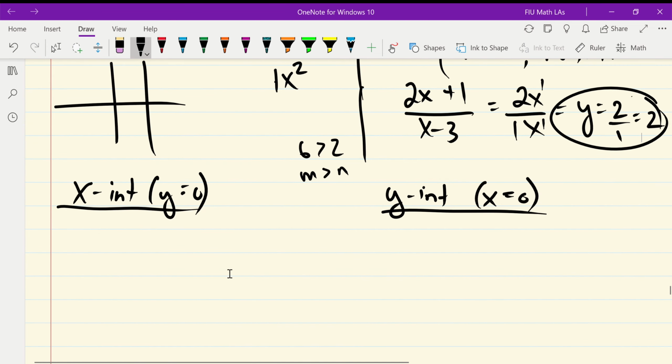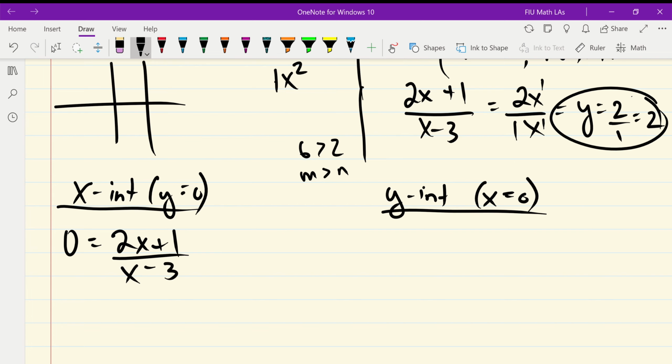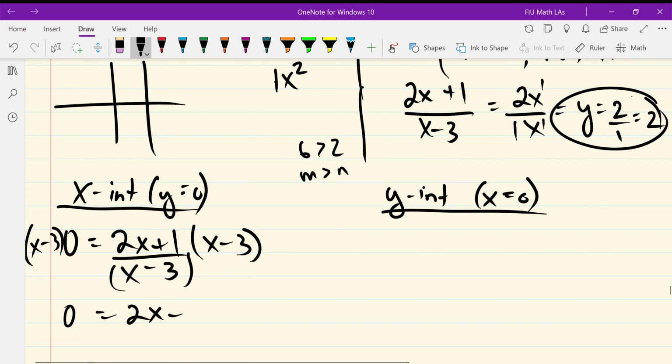And how do we find our x-intercepts? Well, set y equal to 0, so we'll take 0 equals 2x plus 1 divided by x minus 3, and we just need to solve this. We'll multiply both sides by x minus 3. 0 times x minus 3 is 0, so we have 0 equals 2x plus 1.